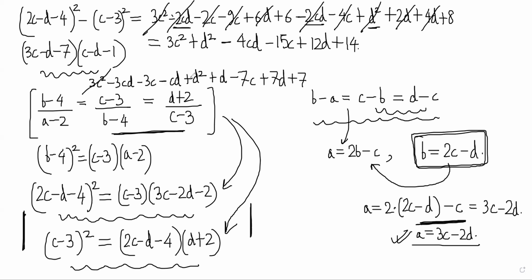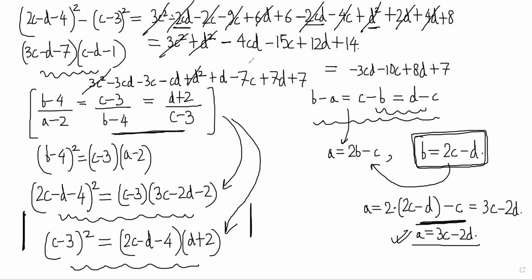And 3C square and D square get cancelled. And I have a minus 3CD here, minus 10C here. So I'll just simplify it a little bit. I will get minus 3CD minus 10C plus 8D plus 7 on this side.